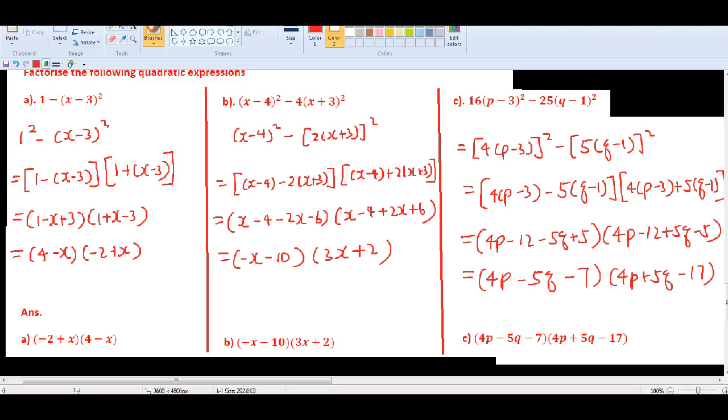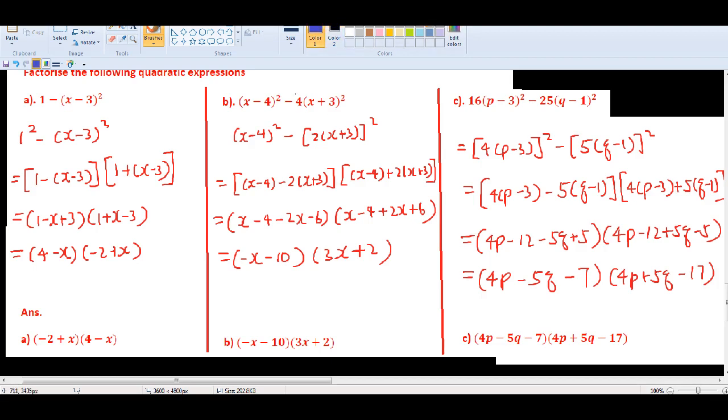So have a look. For A, just remember that 1 is 1 square, and you need to check the bracket, so A is the simplest one among the three. For B, remember that you need to include that 4 as 2 square in the square bracket for the second term. I mean the 4 here.